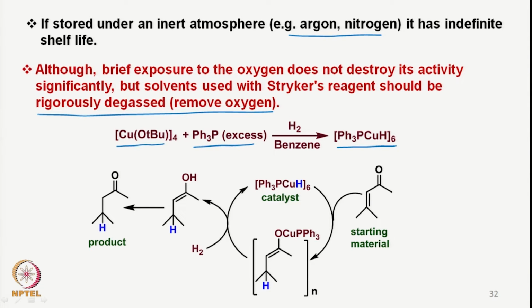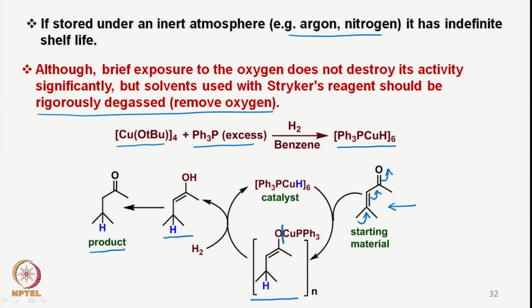When this Stryker's reagent reacts with an enone, hydrogen is transferred onto this end of the double bond, and as one can expect we can have an intermediate of this type, enol cuprate, and this enol cuprate upon reduction will break the oxygen copper bond, and of course you regenerate the catalyst here, and you have the enol, and that enol gives the product ketone.